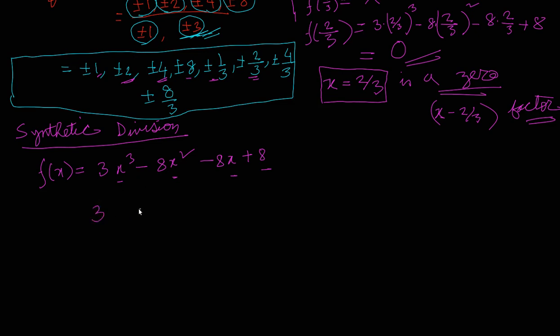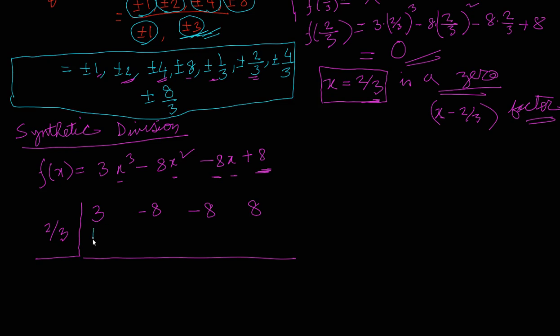So it is 3, -8, again -8, and then +8, and in this box I'm going to write 2/3, and I am going to draw the horizontal line. So I already set up my problem. Let's now do the first one.